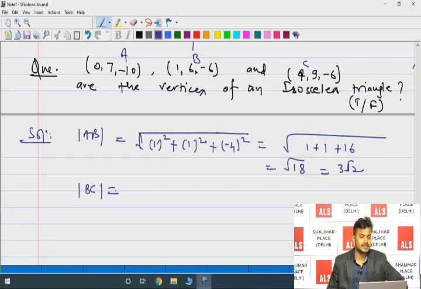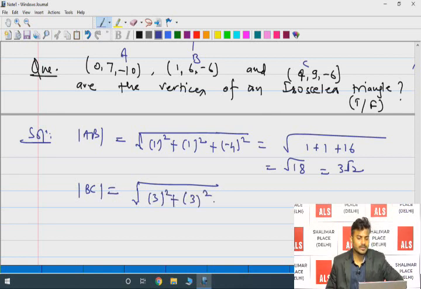Mod BC is 4 minus 1 whole square, which is 3 square, plus 9 minus 6 whole square, which is again 3 square, and 0. So here we get 9 plus 9, which is root 18, which is again 3 root 2.